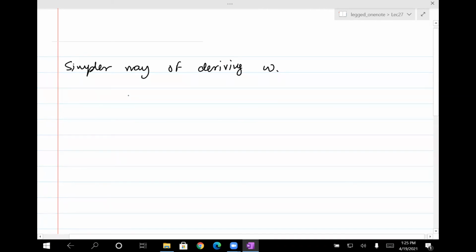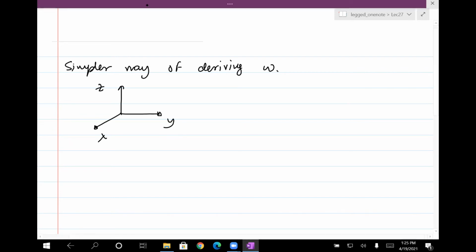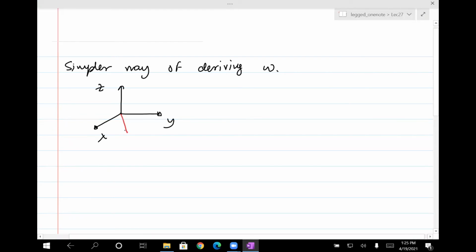There are 3 rotations. Okay, so there's X, Y, Z. That's how you start. Then you rotate about psi about the Z axis. Okay.